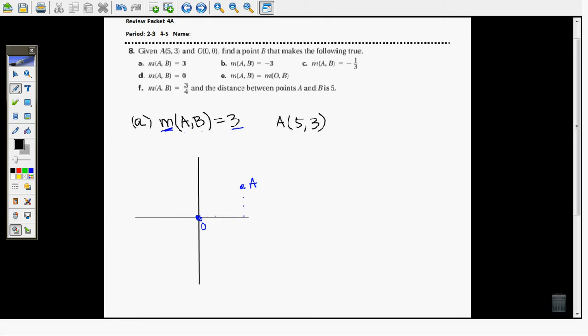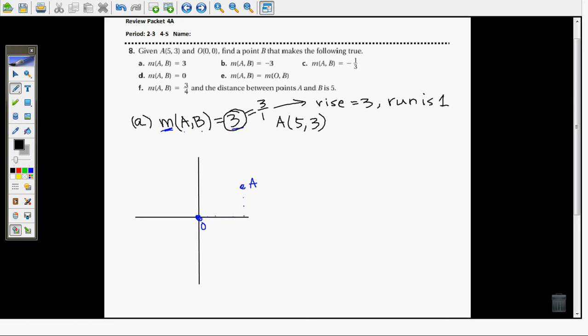The slope is 3, which tells us that 3 is 3 over 1, so the rise is 3 and the run is 1.